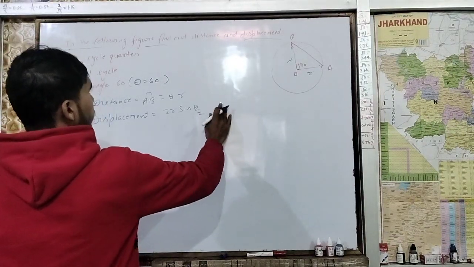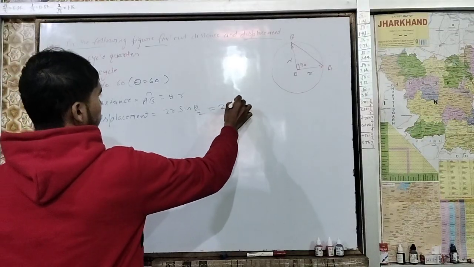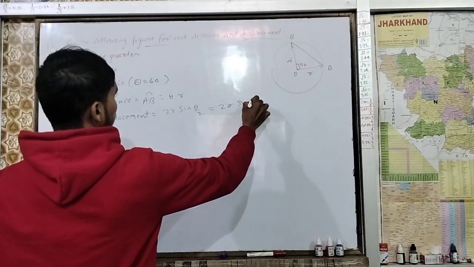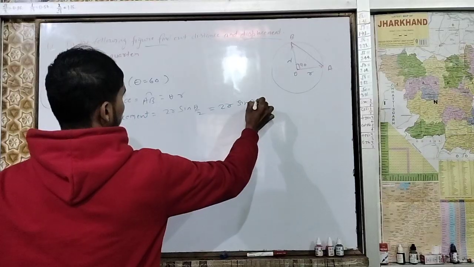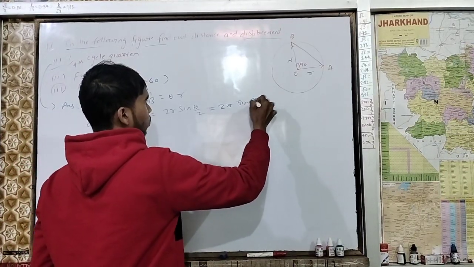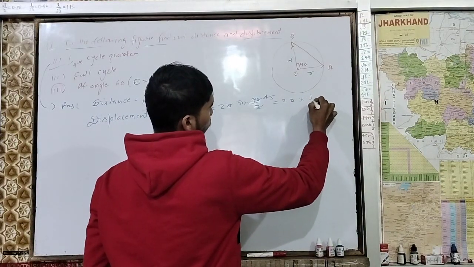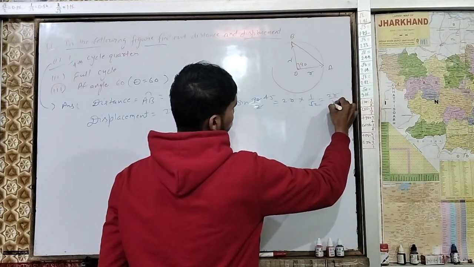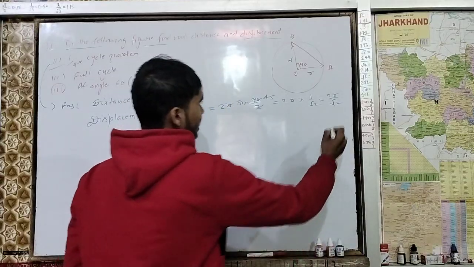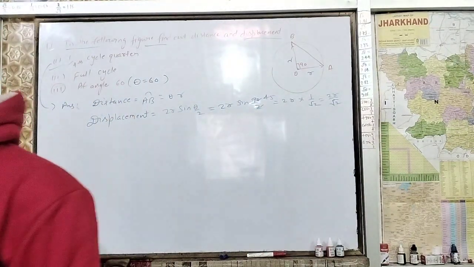But theta is given: 2R sine theta upon 2. So theta is 90, upon 2 is 45. 2R multiplied by sine 45, which becomes 1 upon root 2, so 2R upon root 2. This is our displacement where the angle is 90.